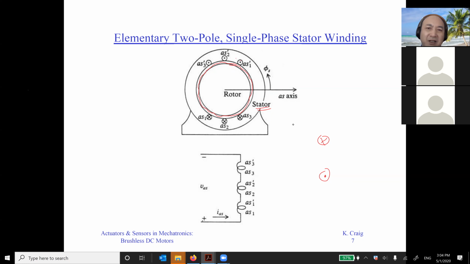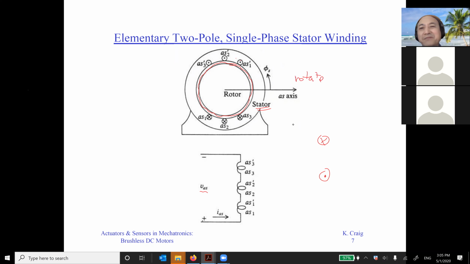AS3, AS3 prime. You know these coils. Usually a coil is like a rectangular shape. So on the AS side, you only have a rotor and stator like this, and the rotor can rotate.